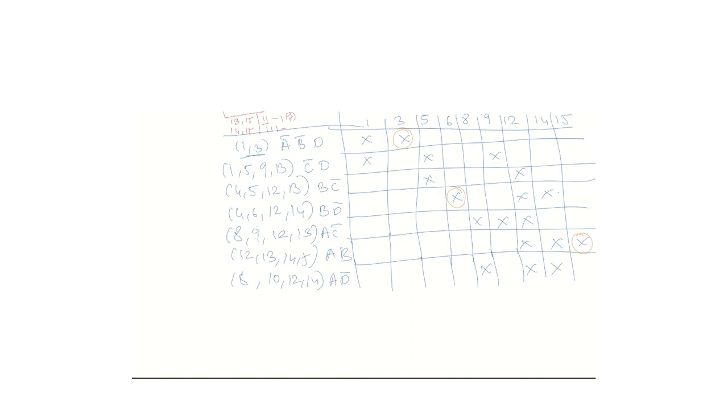I'll write a short form for that, ESP, essential prime implicant. This is AB, BD bar, A bar, B bar, D.